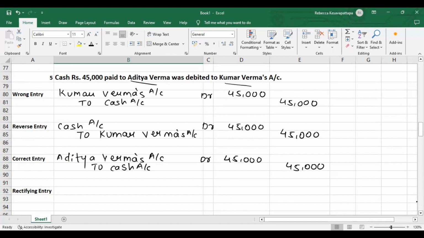Now what will be the rectifying entry? Cash debit and cash credit get cancelled. Aditya Verma's account debit to Kumar Verma's account 45,000.